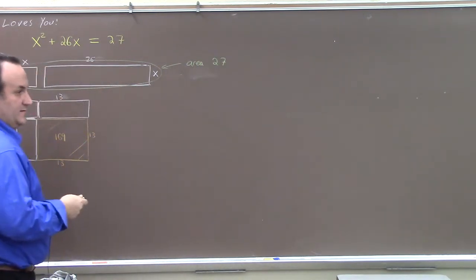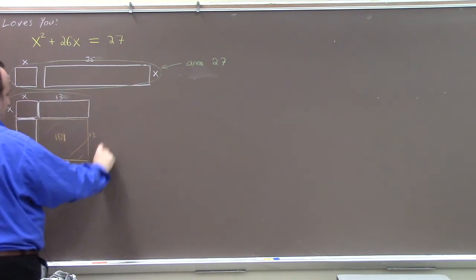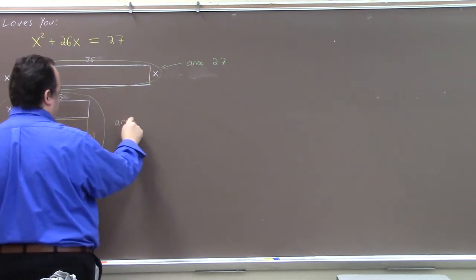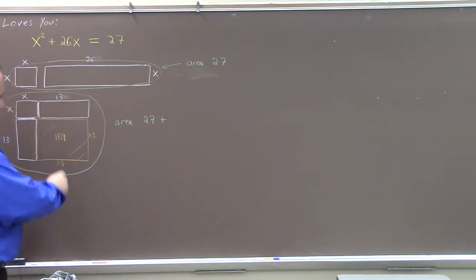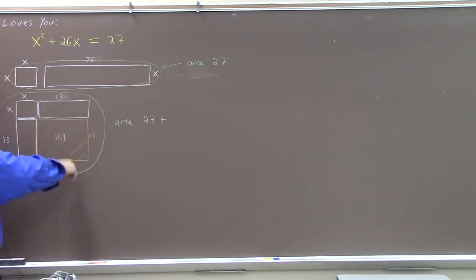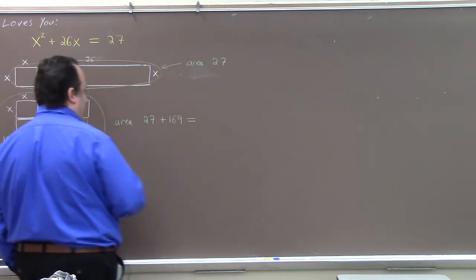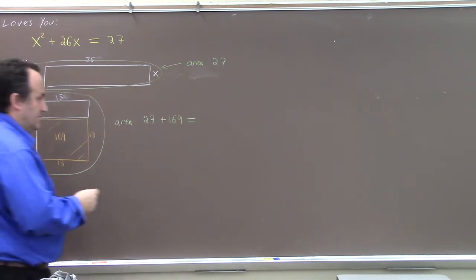What's the area of this one? 27 plus what? Plus the square that we completed, which is plus 169, which is 196.